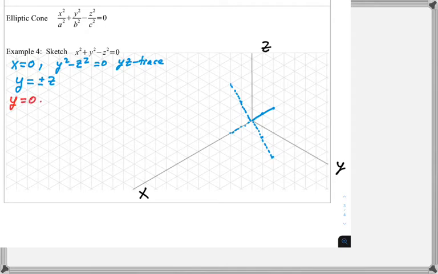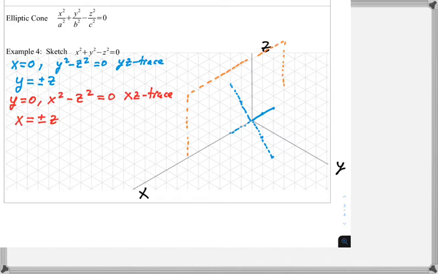Now, if y is equal to 0, then we have x squared minus z squared is equal to 0 on the xz trace, and this is going to be very similar to what we just did for the yz trace. And so we're going to have x is equal to plus and minus z. So to give us perspective, we'll go ahead and draw in a little bit of the xz plane here.